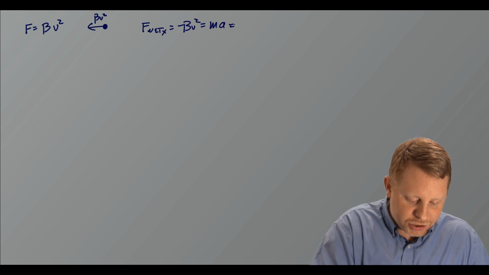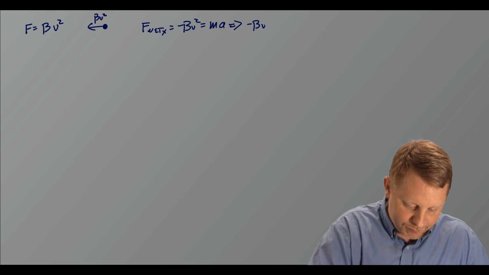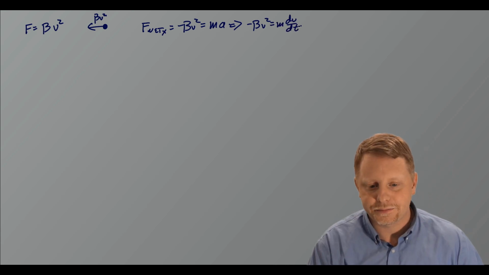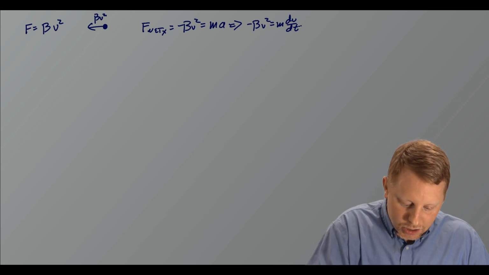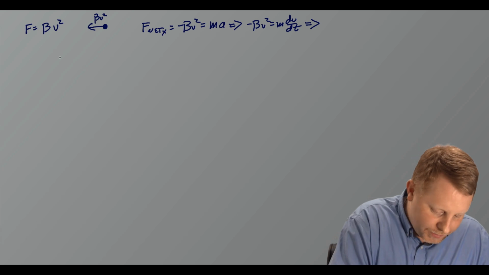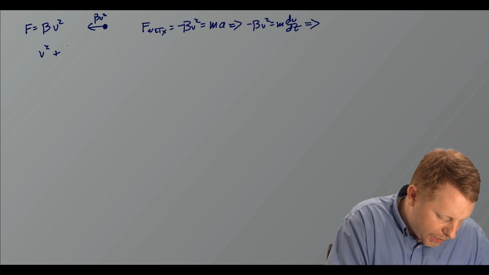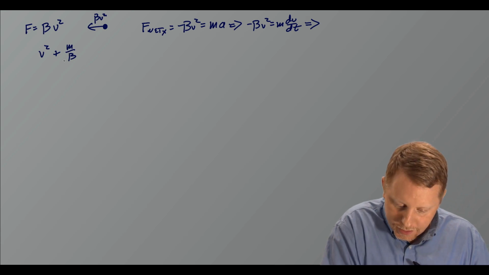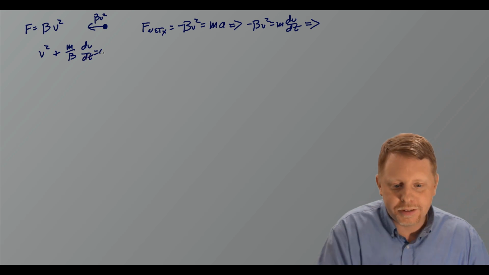But acceleration is the first derivative of velocity with respect to time, so that becomes minus beta v squared equals m dv/dt. There's our differential equation. Can rearrange this a little bit to make it a little bit friendlier. I'd probably look at doing something like, let's see, v squared plus m over beta dv/dt equals 0.